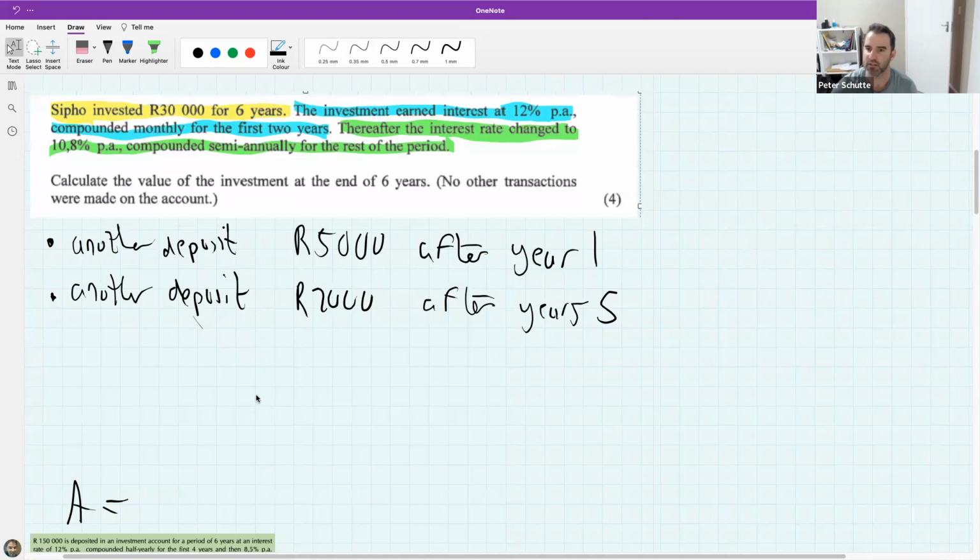Who has some ideas? How can we handle this problem? Not only do we have an amount growing from T0, which is the 30,000, there are extra deposits that have to be coming online.